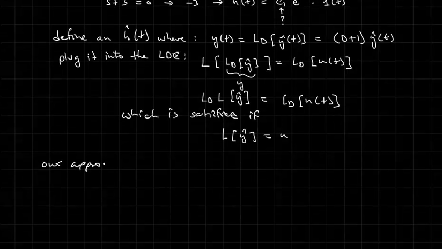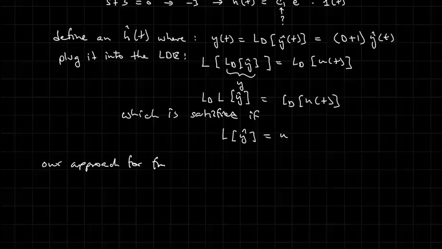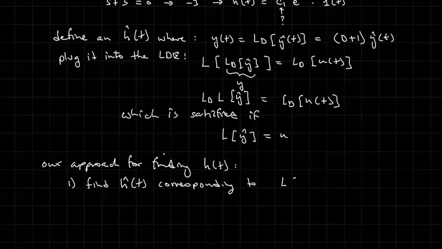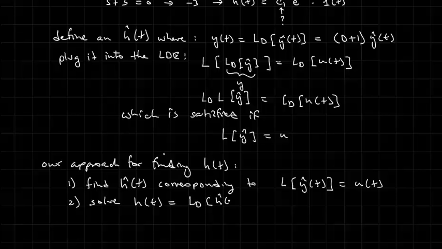Our approach for finding h of t, the impulse response of the original system: find h hat of t corresponding to the system L operating on y hat equal to u of t, and then solve h of t is simply going to be equal to LD operating on h hat of t.